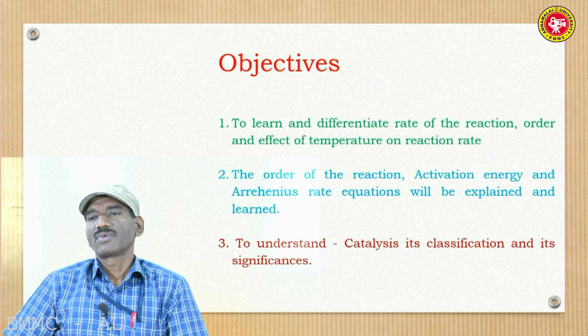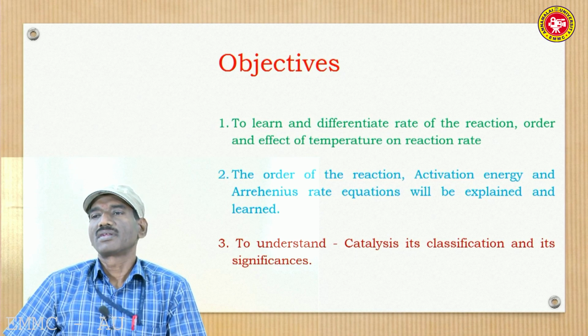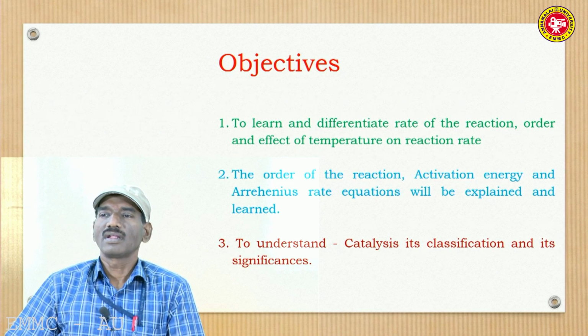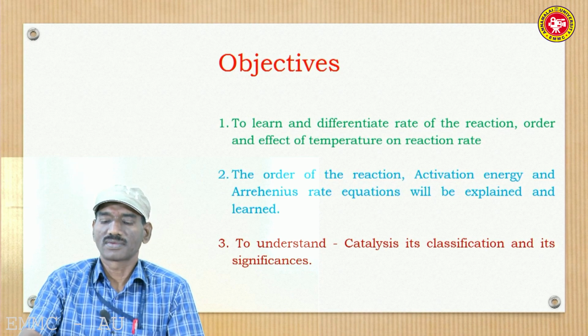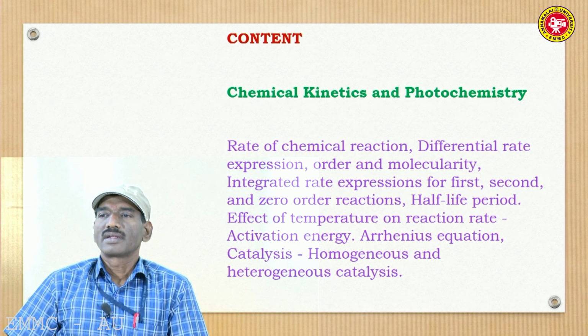The objective of this chemical kinetics unit is to learn and differentiate the rate of the reaction, order, and the effect of temperature on reaction rates. The order of reaction, activation energy, and Arrhenius rate equation will be explained and learned, to understand catalysis, its classification and its significance. Content: chemical kinetics and photochemistry.